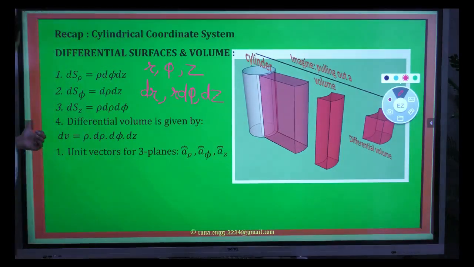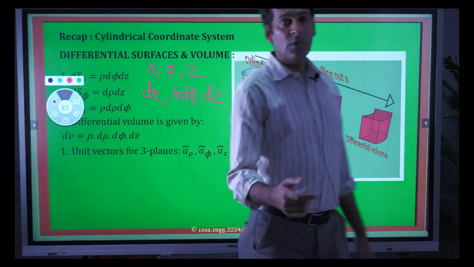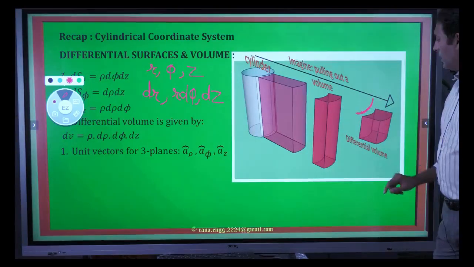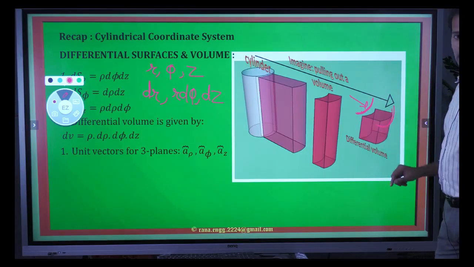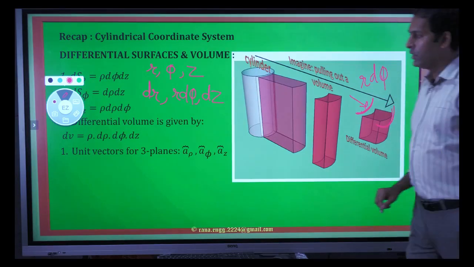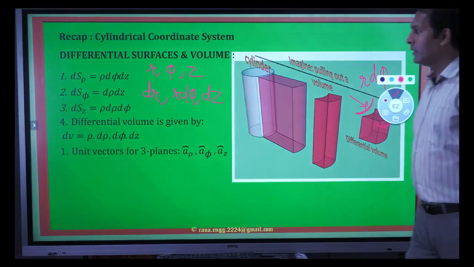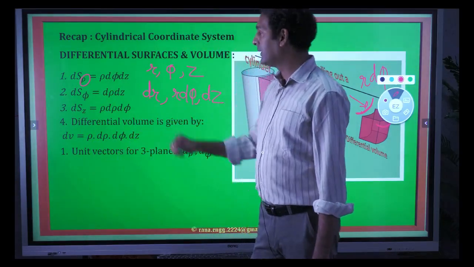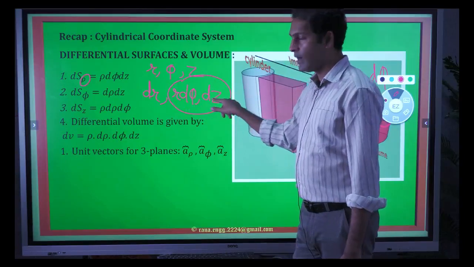We also discussed why we get an additional r in the cylindrical shape: because there is a curve. The curve makes the additional r in the component of the phi direction. So the phi component becomes r d phi. Now, for the r constant plane ds r, it will be the product of the other two elements, r d phi and dz.